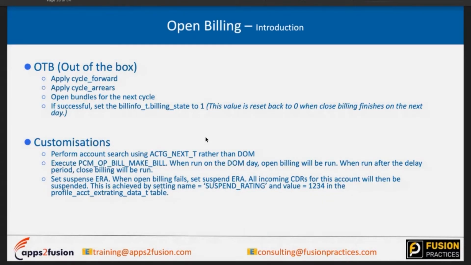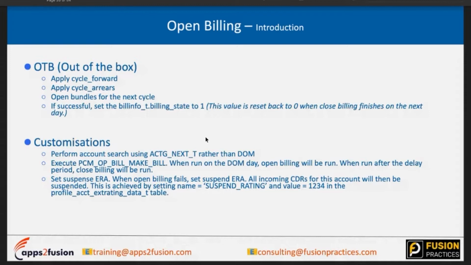One is cycle forward. That means on the day when these products are purchased, on the same day a charge is applied for that particular product. It is like a prepaid thing. If you want to buy a plan, you give $40 or 40 rupees cash, and then you purchase that plan, and for the entire month you don't have to pay anything.